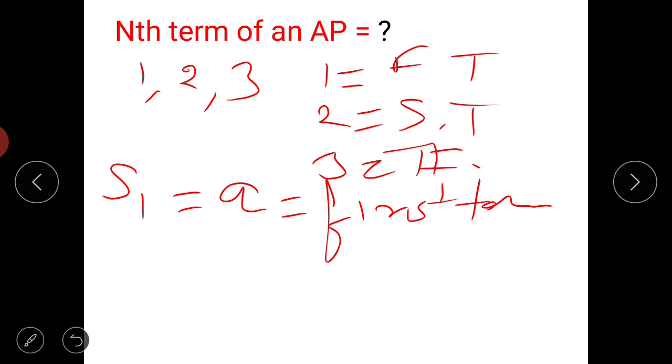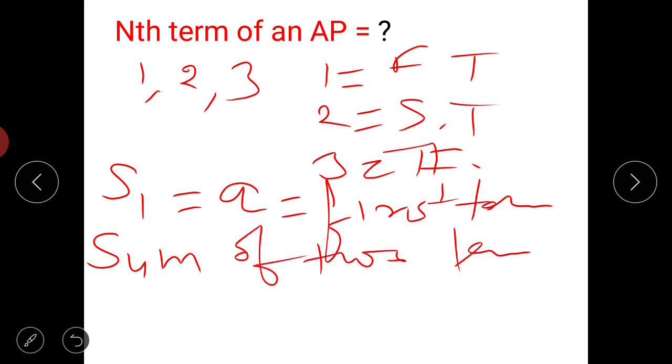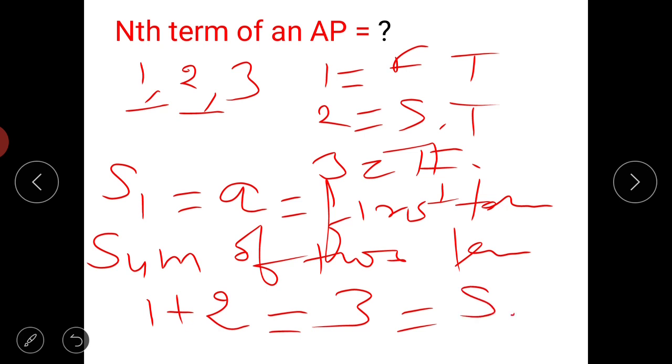Next, if you want the sum of two terms, it means first and second, any 1 plus 2. The sum of two terms is 1 plus 2, which is 3, so S2 is equal to 3.